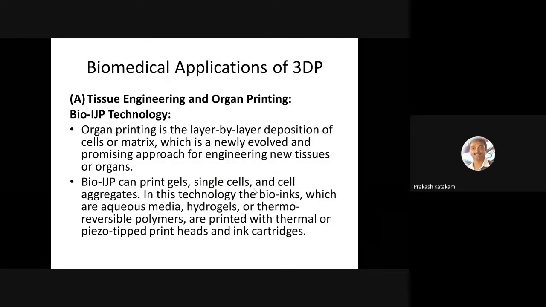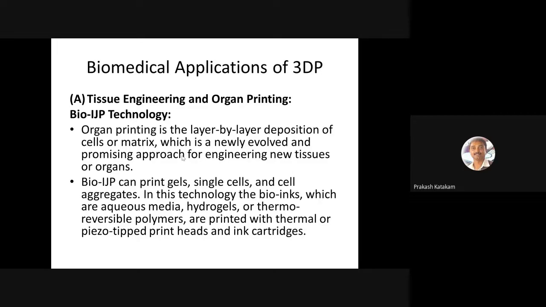Now coming to the main part of our presentation, biomedical applications of 3D printing. The major applications of 3D printing in biomedical sciences are in tissue engineering and organ printing. Most of the research is going on in this area. It is also called bio-IJP technology.